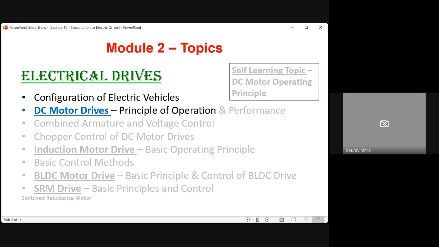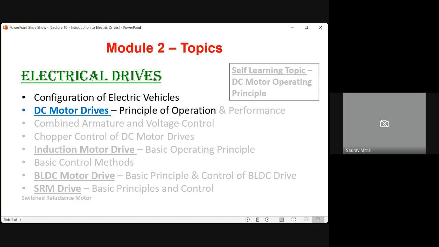First, in today's lecture, we will see what is the general configuration of electric vehicle. Then we will see what is DC motor drive, principle of operation only we will see today. In consequent lectures, we will see induction motor, brushless DC motor or drive, which is called BLDC, and switched reluctance motor, which is called SRM drive.